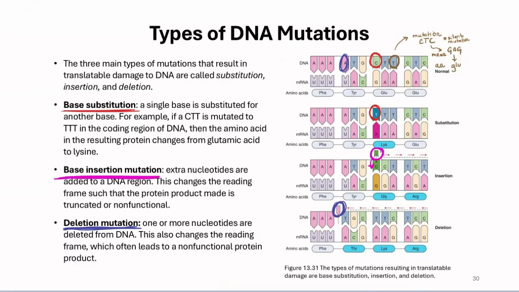So out of these three different types of mutations, to be honest with you, the ones that are creating more detrimental effects at the level of the proteins that are observable are going to be insertions and deletions.